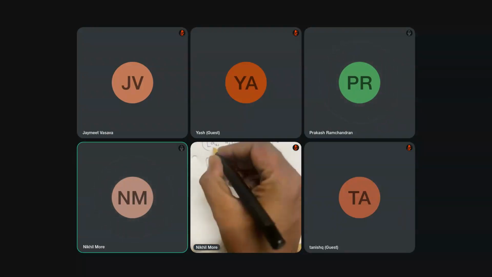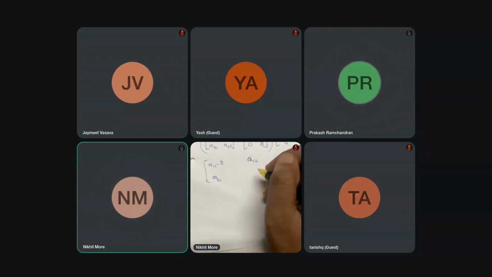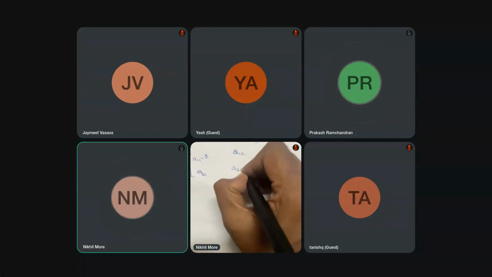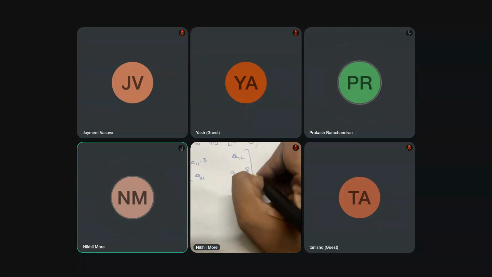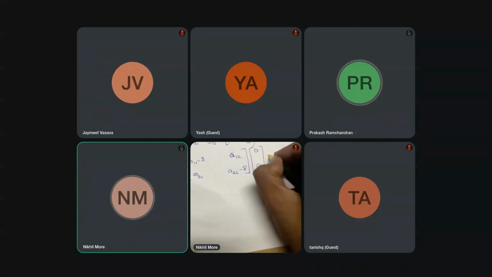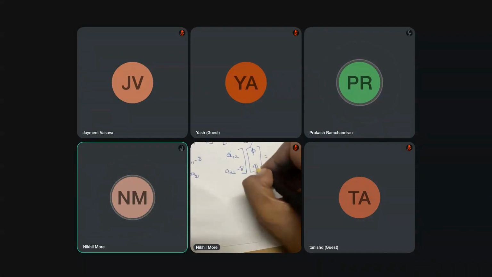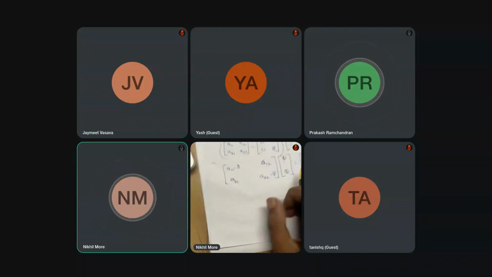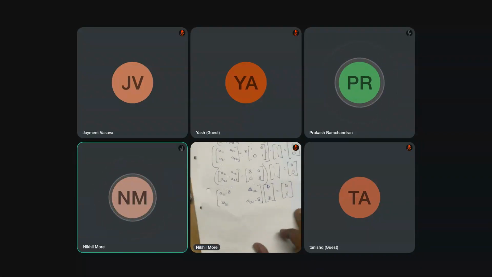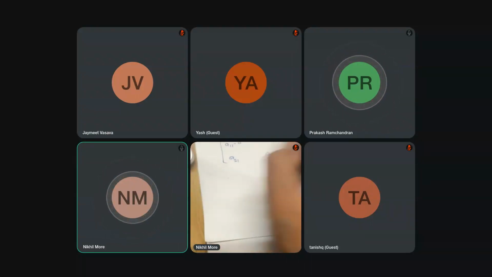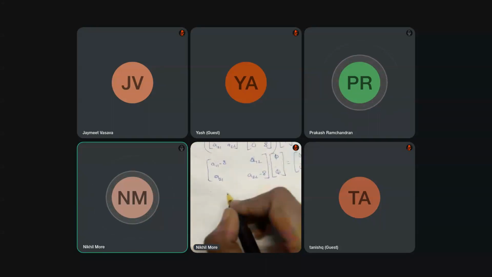This will be A21 minus 0, this gives me A21, and A22 minus 8, times 1 1, gives me 0 0. Now the next step is to perform the matrix multiplication.